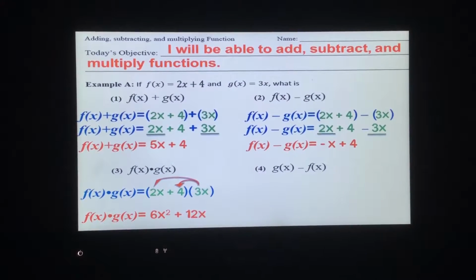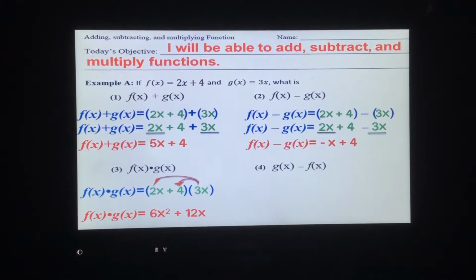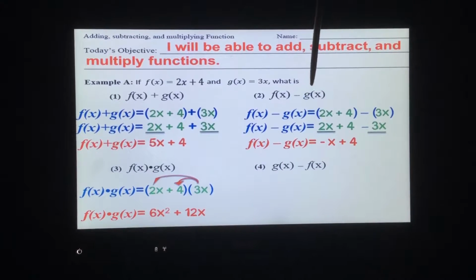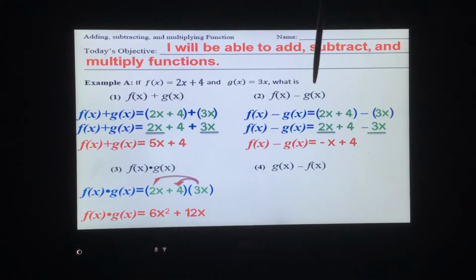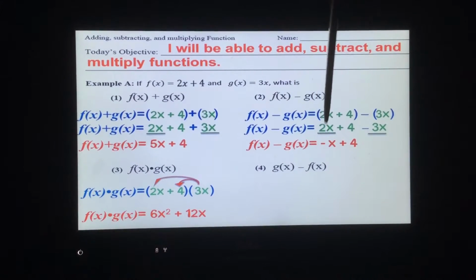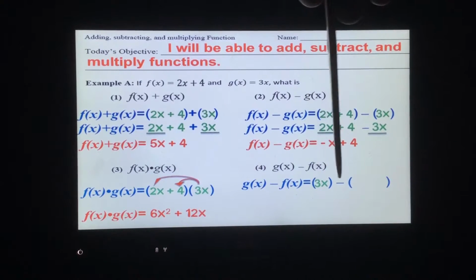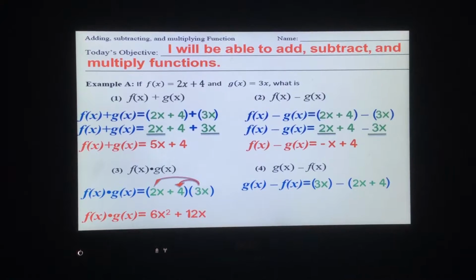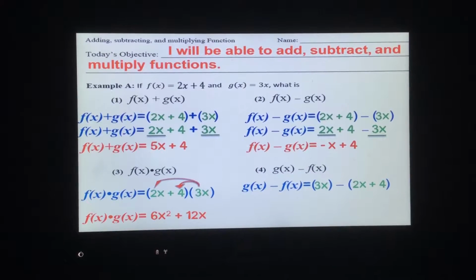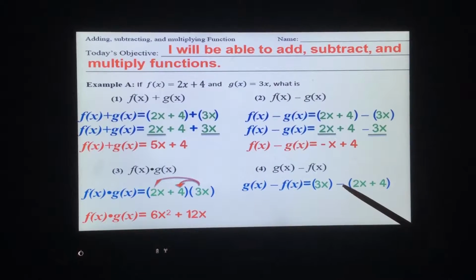All right, number 4. Again, they want us to subtract, but this time they want us to subtract the reverse. Before it was f of x minus g of x. Now it's g of x minus f of x. So we do have to put the 3x first this time, minus the 2x plus 4. You can see that we have a negative, and this negative is going to get distributed.